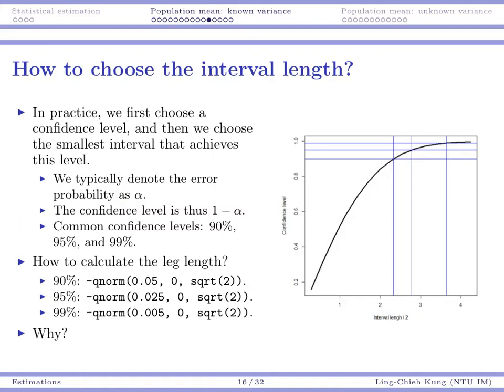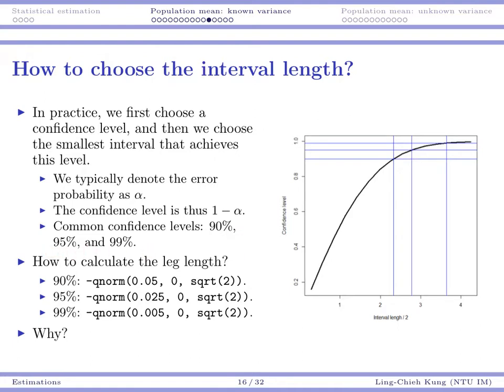When we make an estimation, when we create a confidence interval, we want to know what's the probability for us to make a mistake. Okay, we will call that error probability alpha. Then the confidence level would just be 1 minus alpha. In practice, people typically create confidence intervals with 3 confidence levels: 90%, 95%, or 99%.